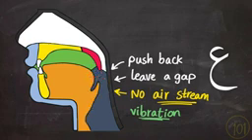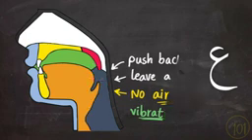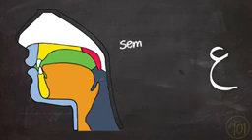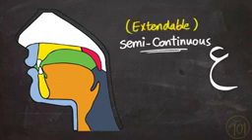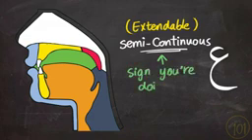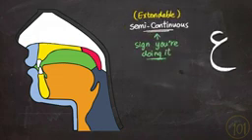Ah, ah. The sound of ayn is a semi-continuous sound, which means that it can be extended or made longer. And while that is not the point when reciting the Quran, it is an indication that you're pronouncing the ayn correctly.